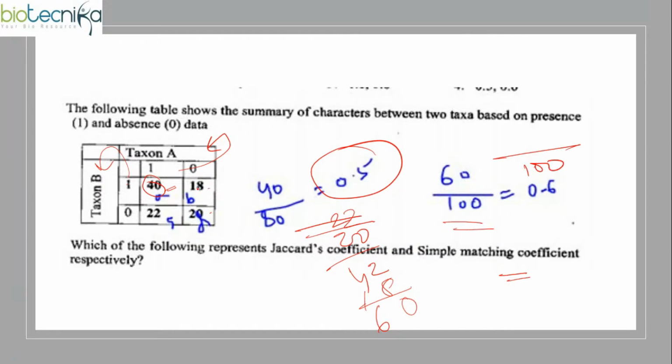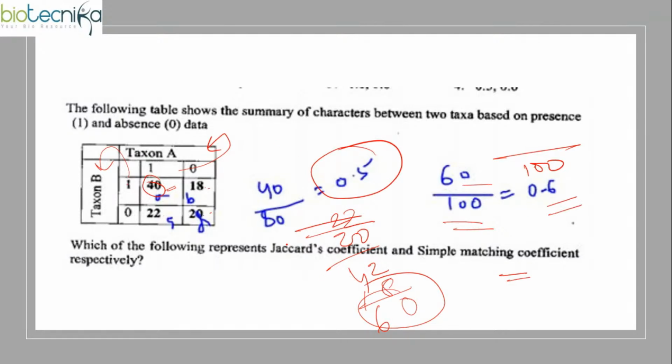So 22, 20, and 18: if you add up, we are getting 60. So 60 is the total number of characters that are exhibiting matching, the similarities and the dissimilarities. So it is 60 by 100, and the answer should be 0.6. That is the simple matching coefficient, right?